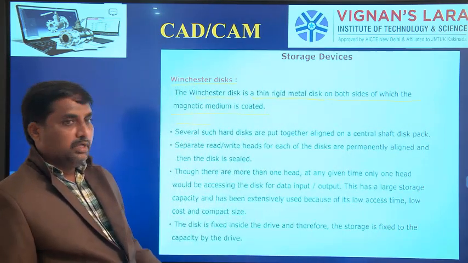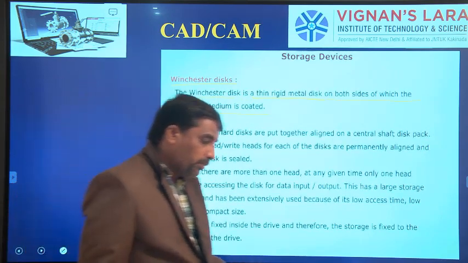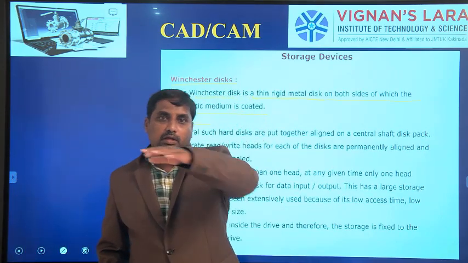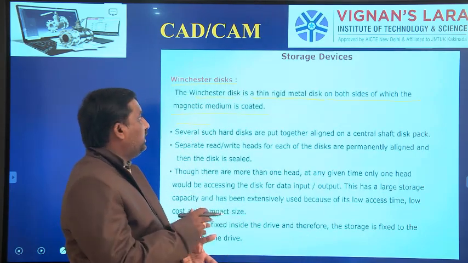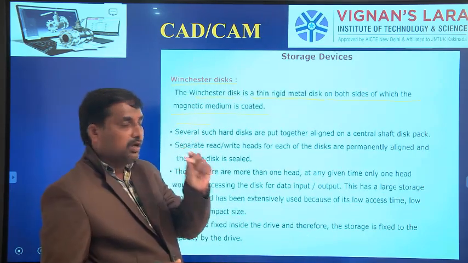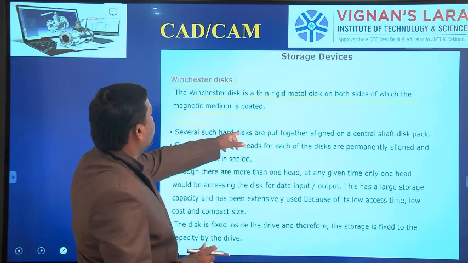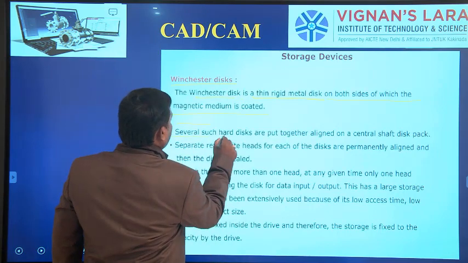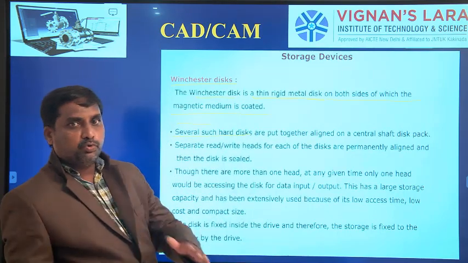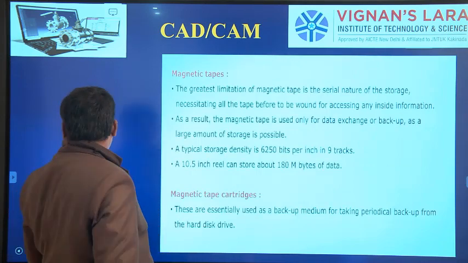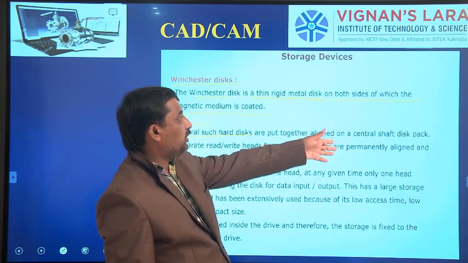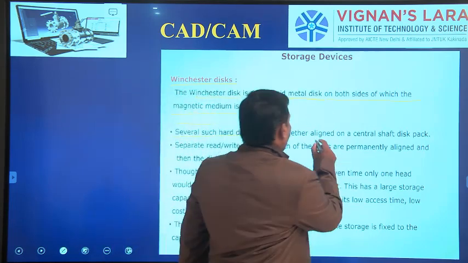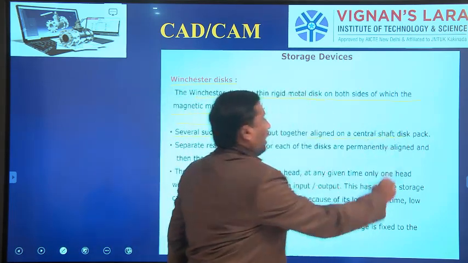Similar to the floppy disk, here also we have a magnetically coated disk, coated on both sides, that is a thin metallic disk. Next, several such hard disks are put together and aligned on a central shaft, forming a disk pack.